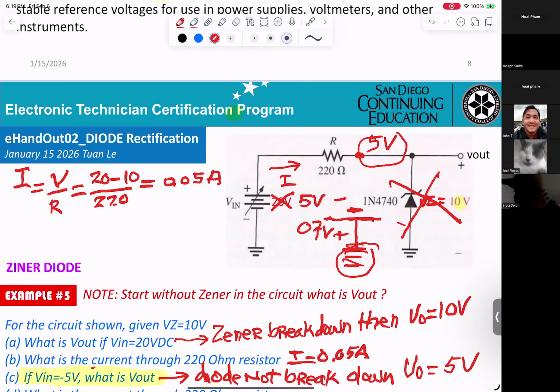What you get? You get 0.045, which is basically 45 milli. That will be ampere. Right? Right. 0.05. 0.0045 is okay. No big deal.